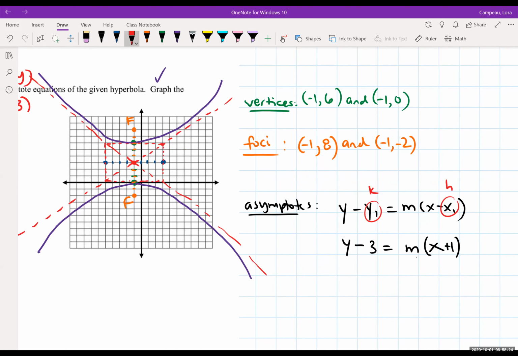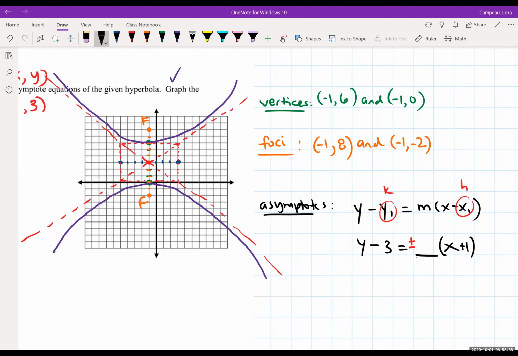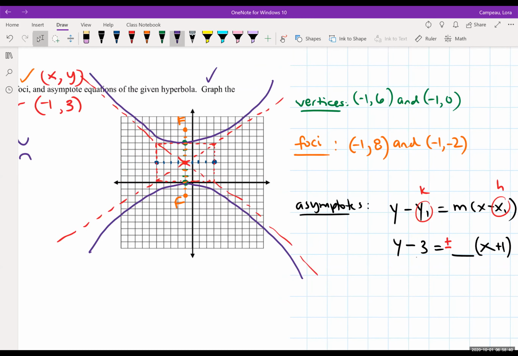Now also remember, when you do asymptote equations, you need 2. That's why we have the plus or minus, positive slope and negative slope. And the only thing we need to do at this point is name the slope in terms of its rise over run. So you may see me going from the center to a corner of the box, and you just see me rise from left to right.